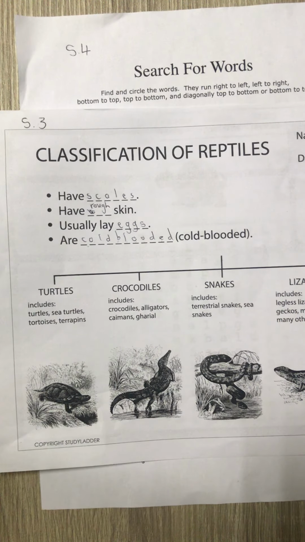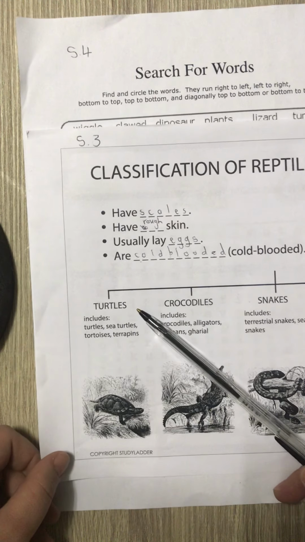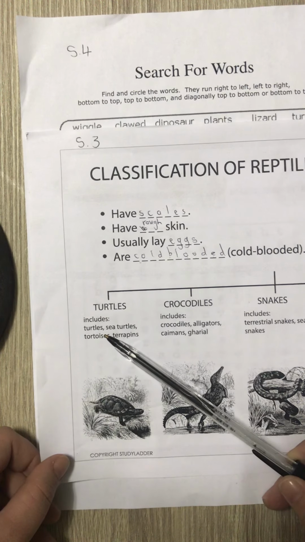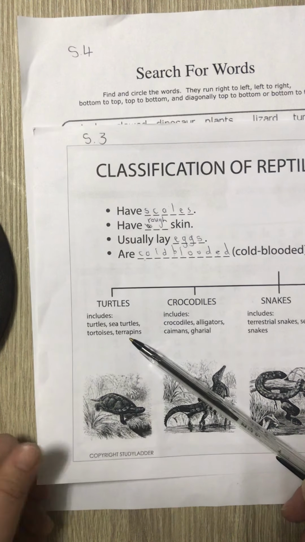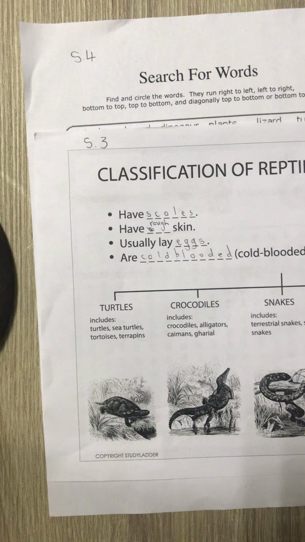Good. And then it just gives us some interesting facts about reptiles and some types of reptiles. So let's look at the first one, turtles. This includes turtles, sea turtles, tortoises, and terrapins. I actually have no idea what a terrapin is. That's very interesting.